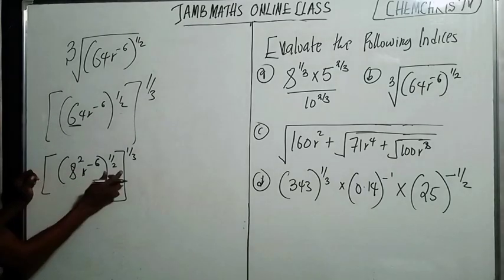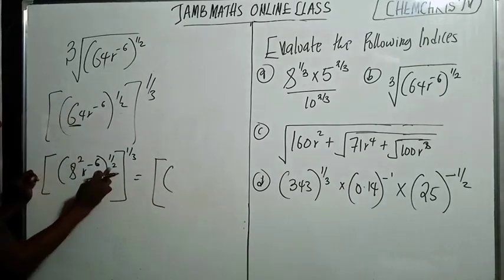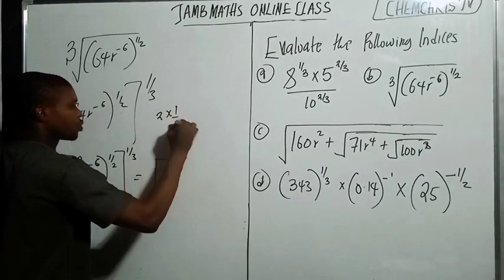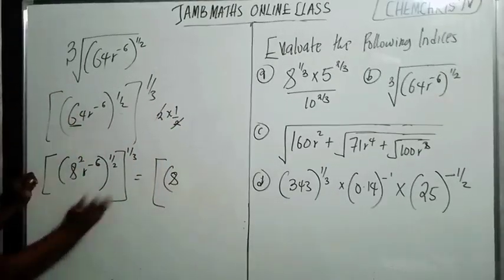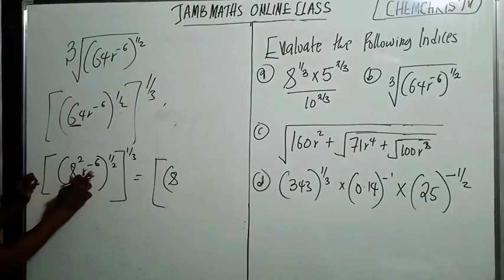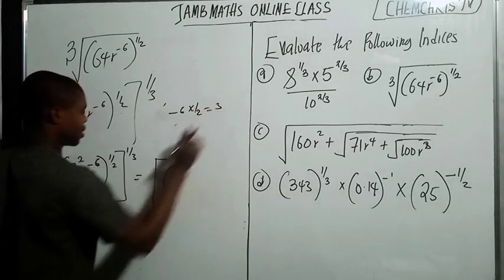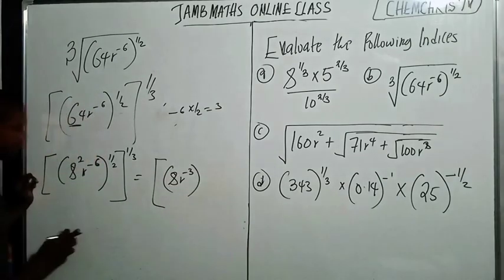So you have now 2 going to 2, because 2 times 1 over 2, 2 cancels out 2, right? So we're going to be what? 8. Can you see that? Then minus 6 times 1 over 2, about 3. We're going to be what? 3. So we're going to be r minus what? 3. Can you see that?